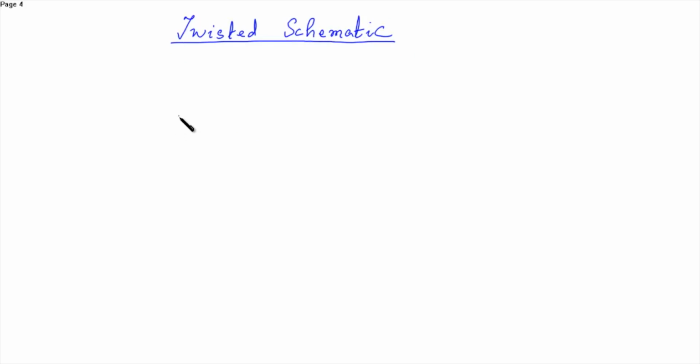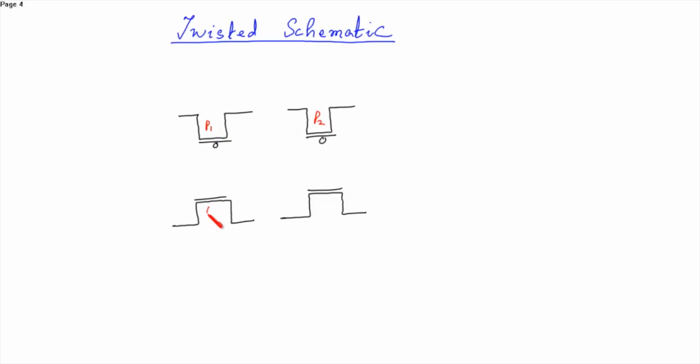So draw the two PMOS first. This is the PMOS 1. This is the PMOS 2. Then this is the NMOS 1. This is the NMOS 2. So write it as P1, P2, N1 and N2.